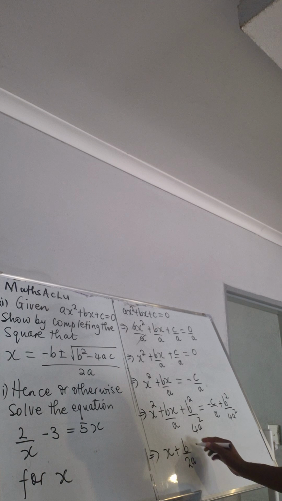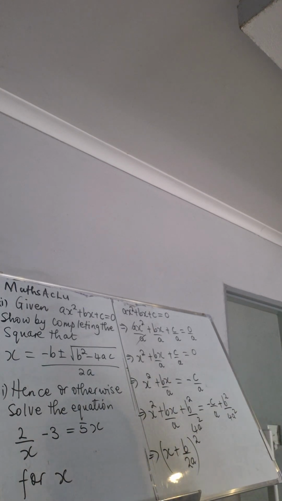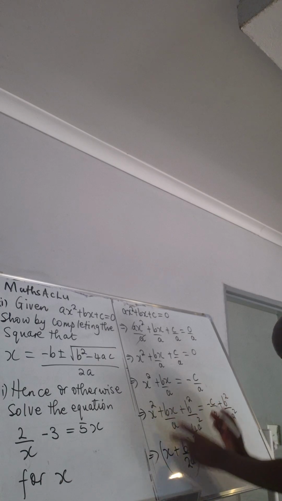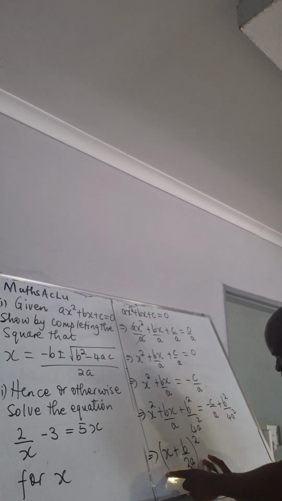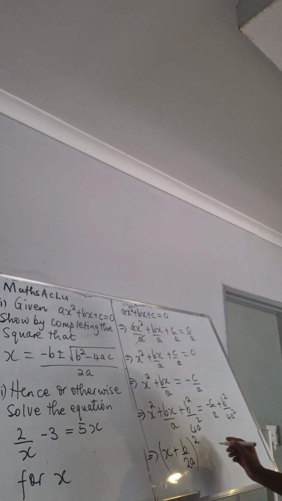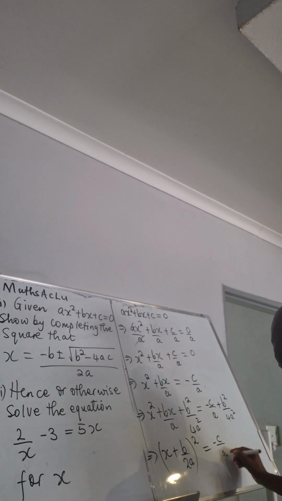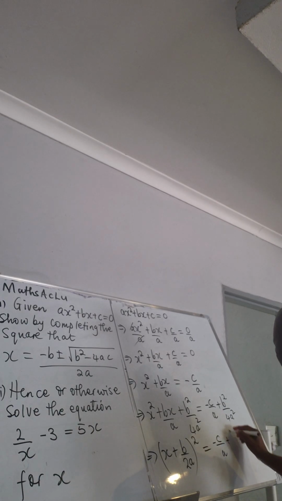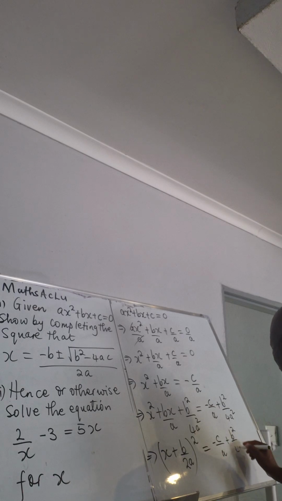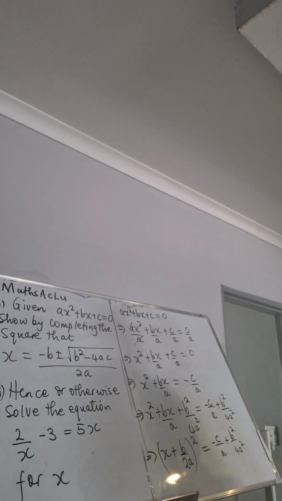X plus b over 2a all squared. This is what we get after factorization. So equal to minus c over a plus b squared over 4a squared. All right.